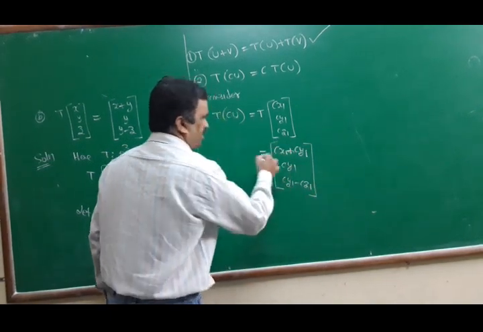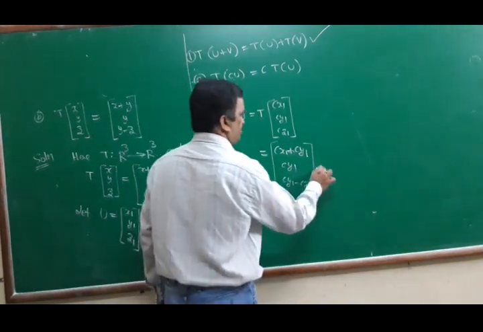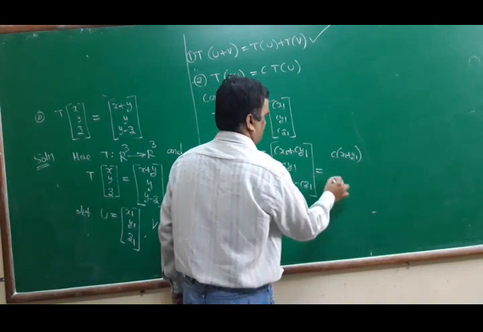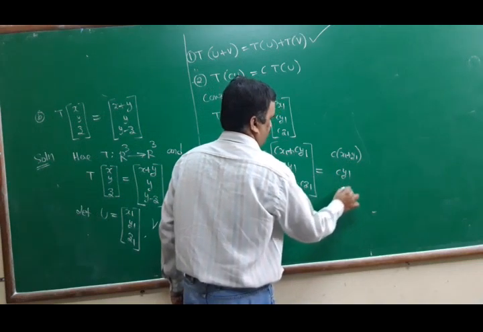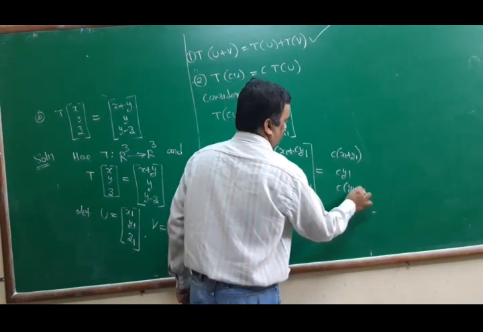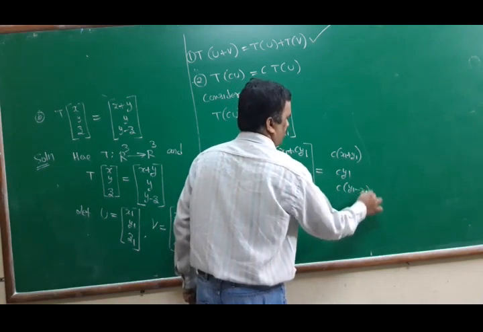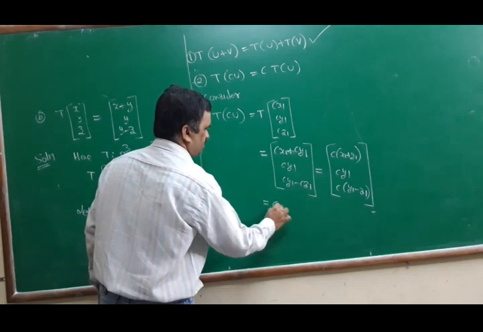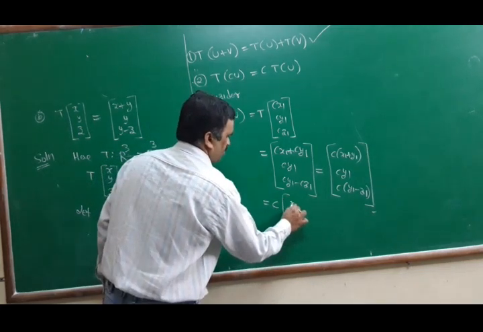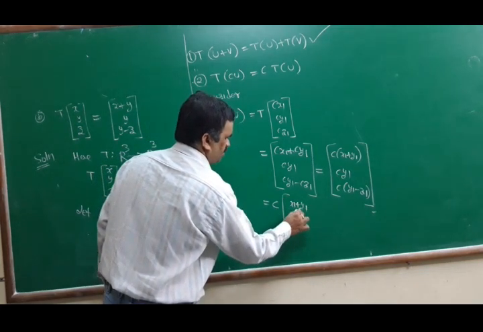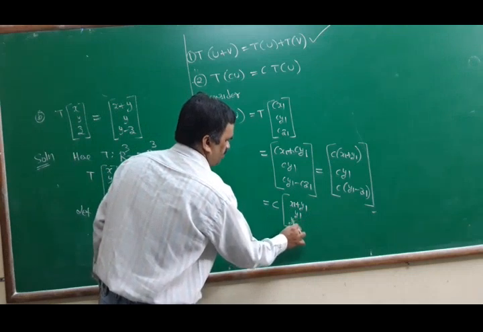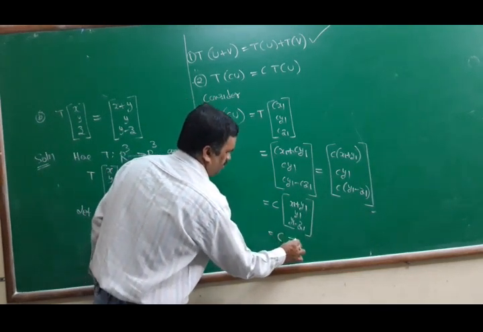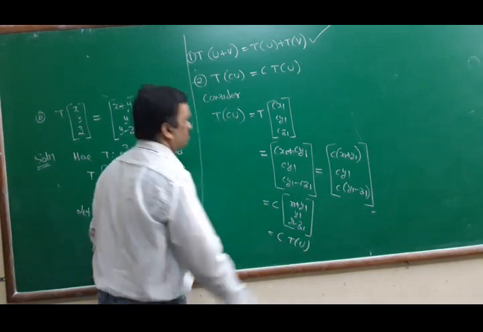In this I can take C common: C of x1 plus y1, y1, y1 minus z1. Take C outside, equal to C times T of u.